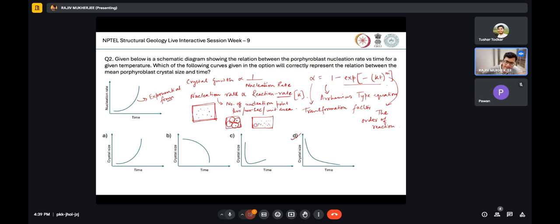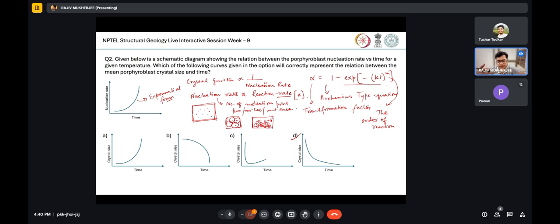Since the crystals grow around the nucleation points, they will have limited space to grow, and eventually they will be much smaller in size. So the crystal size, the mean dimension or grain size, generally reduces with the increase in the nucleation rate. That is why it follows an inversely proportional relation.